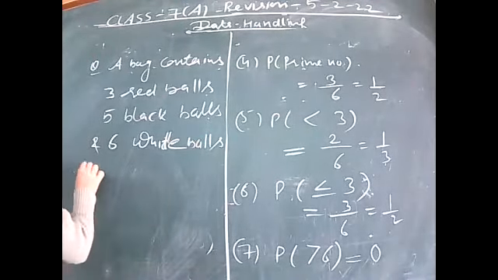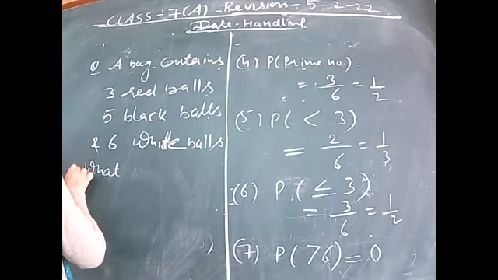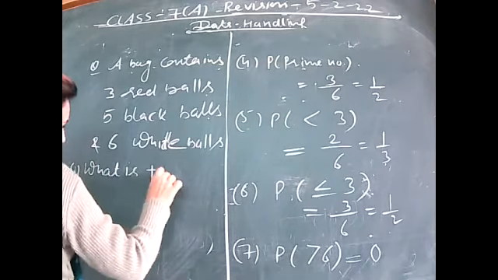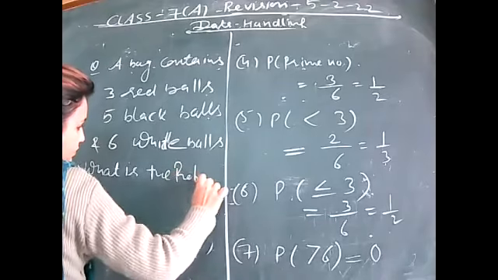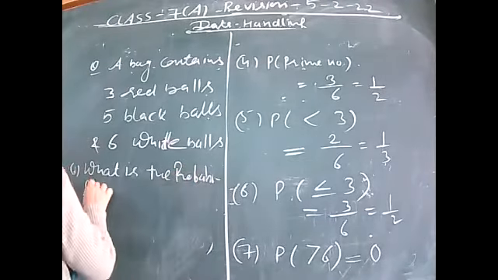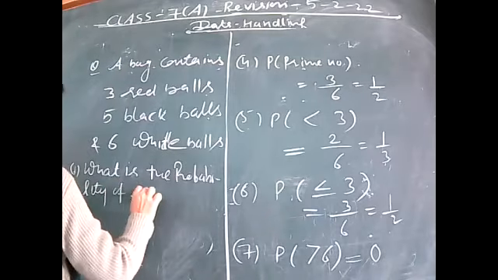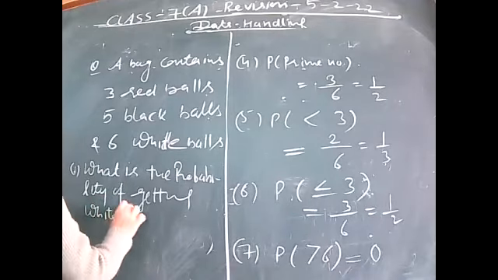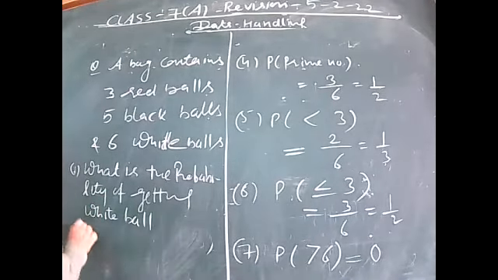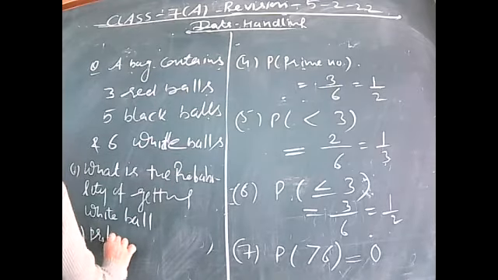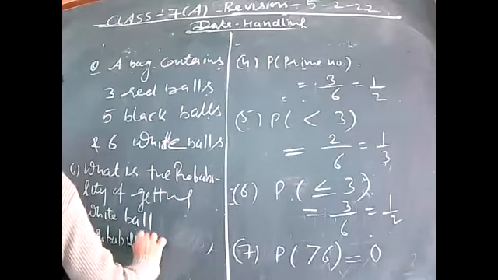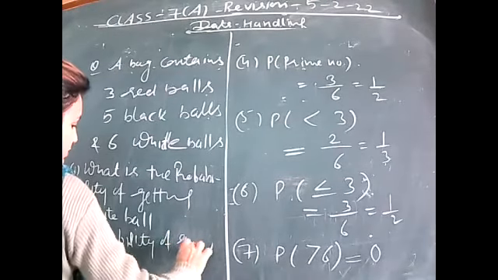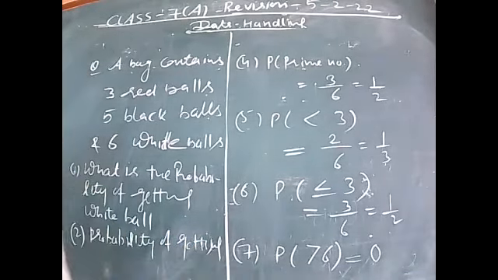What is the probability of getting white ball, probability of getting red and black ball?